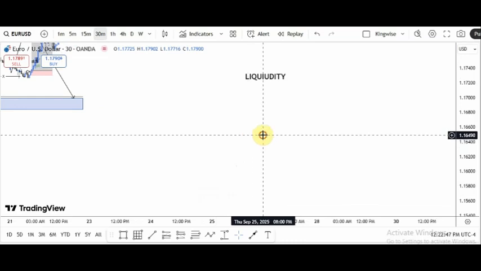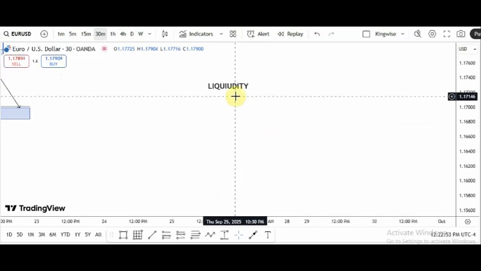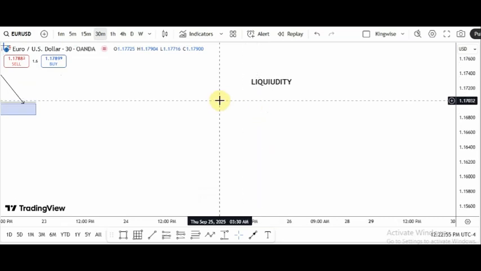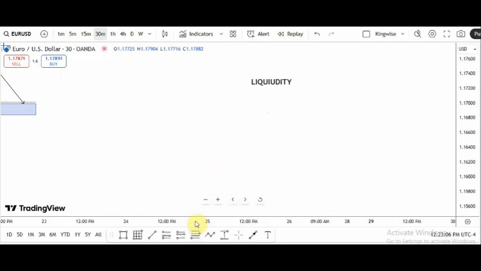So today we are going to be looking at another important concept in Forex trading, which is liquidity. You will be wondering why you enter into the market, you want to buy, and you have your stop loss.